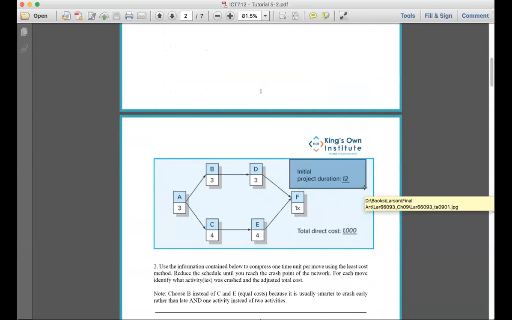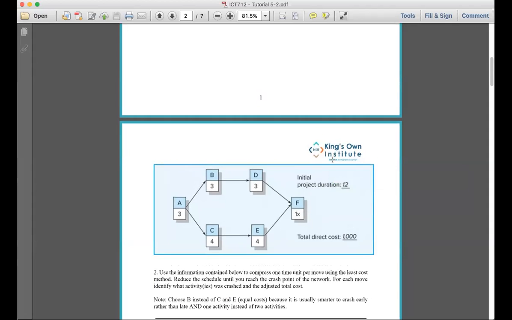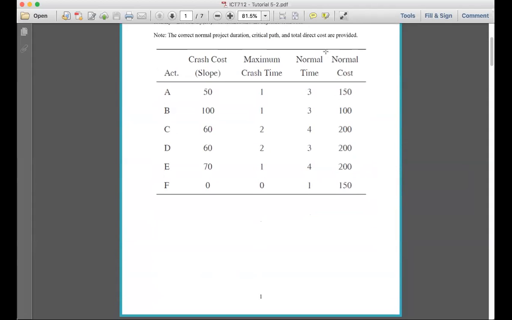Sorry, sir. I am a bit confused in this section. Would you mind explaining it in a little more detail? Yeah, so this is the normal cost. If you add the normal costs together, what's the total?